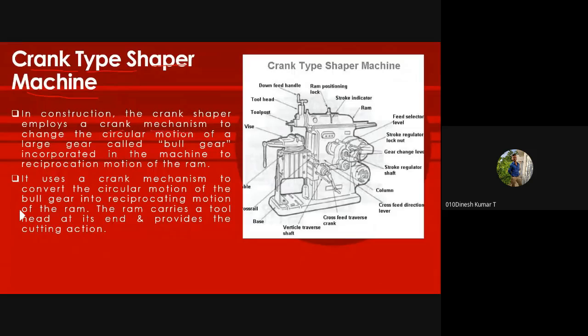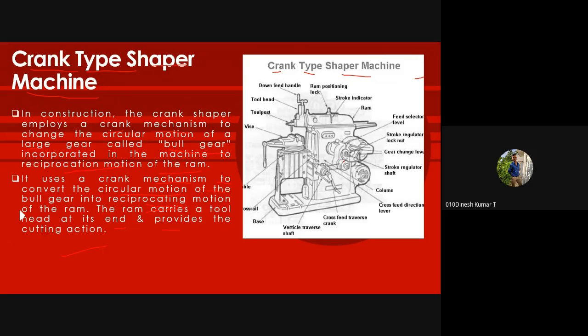The crank shaper employs a crank mechanism to change the circular motion of the bull gear into a reciprocal motion of the ram. The ram carries a tool head at its end and provides the cutting action. This is the image of the crank type shaper machine. These are some of the parts you can see.